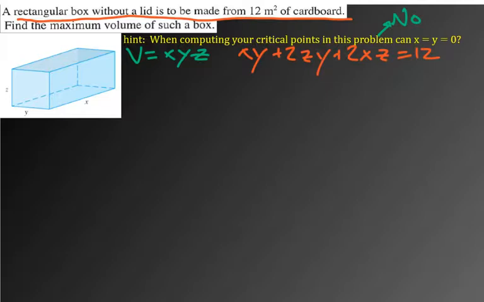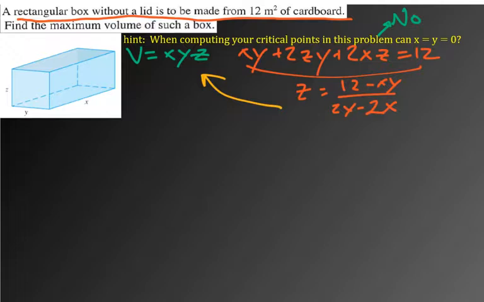And so you can solve this thing for z, and I'm going to trust that you can do that, and I'm just going to tell you that you should get this. And then we can substitute.